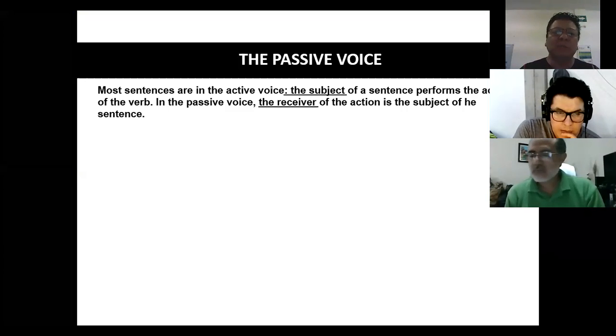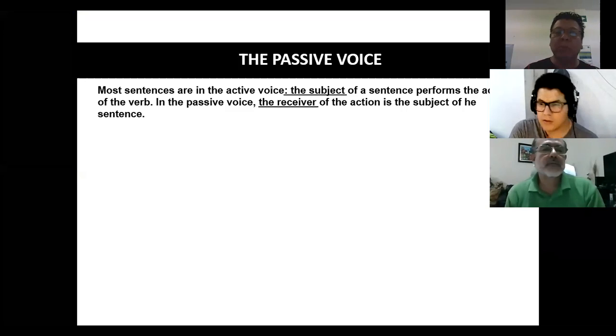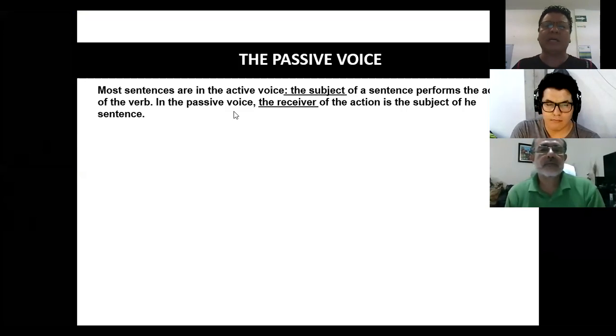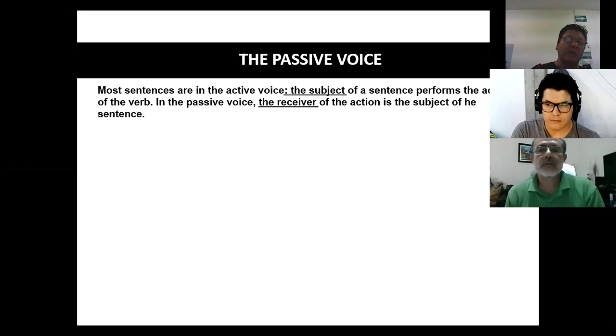We talk every day using the active voice, most of the times. In the active voice, the subject of a sentence performs the action of the verb. In the passive voice, the receiver of the action is the subject.